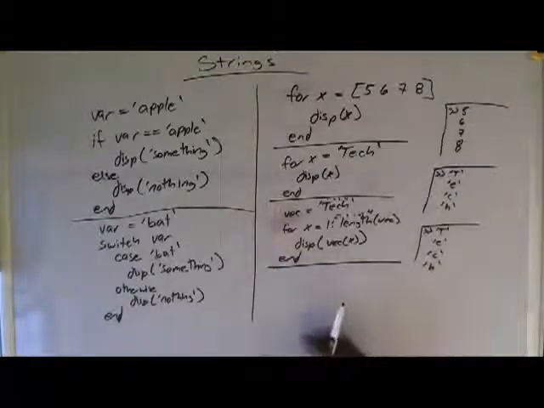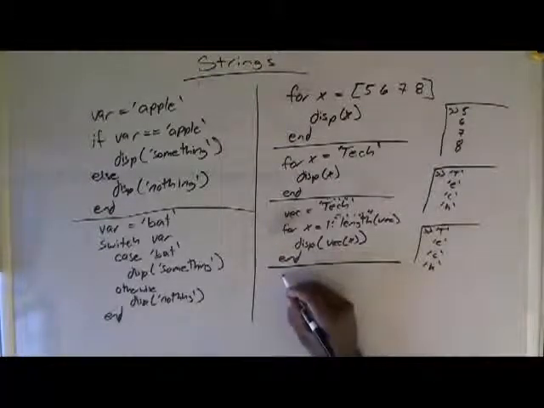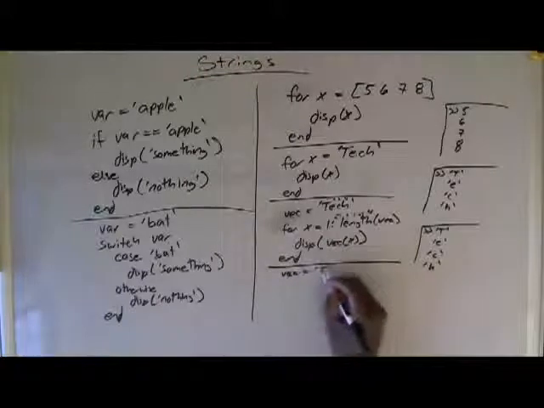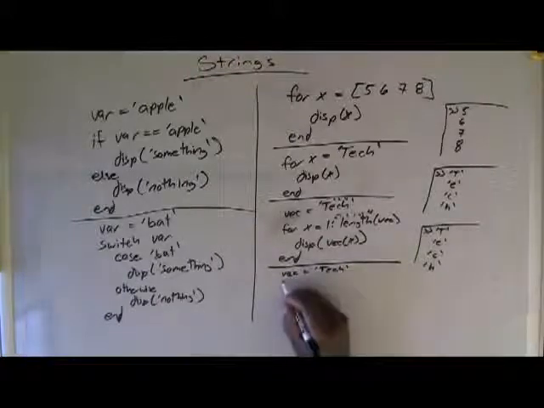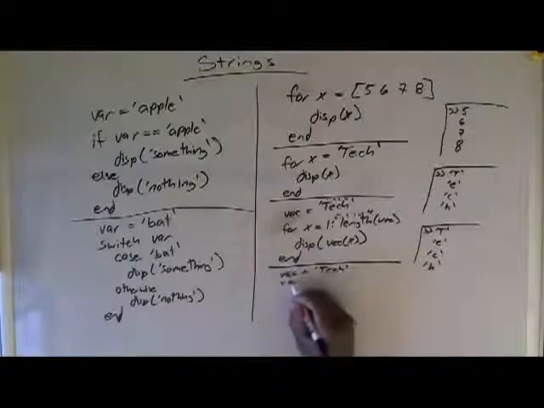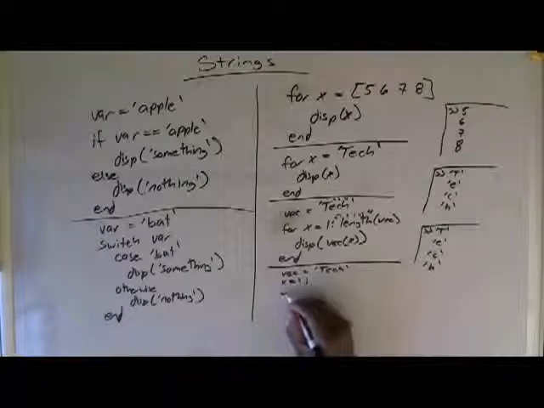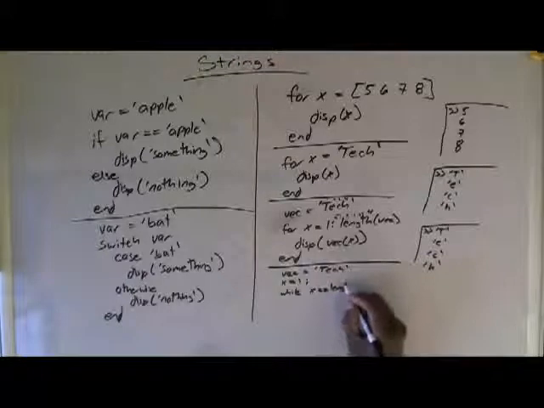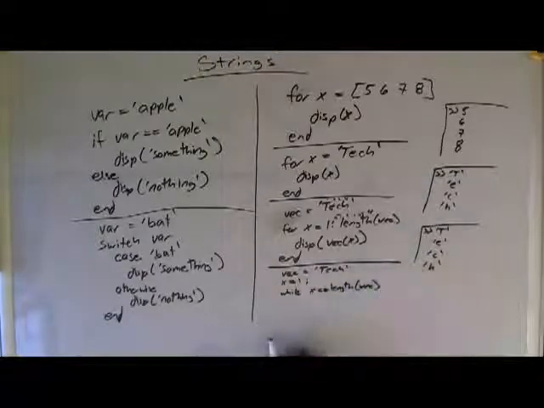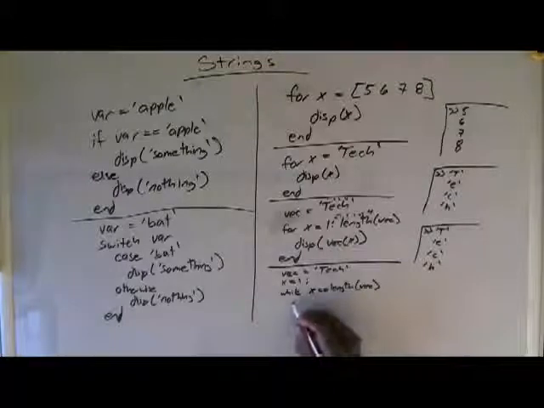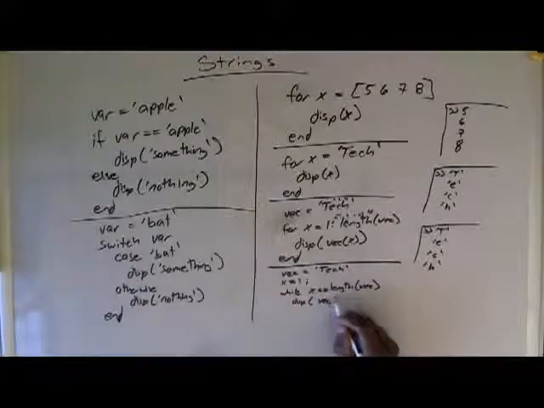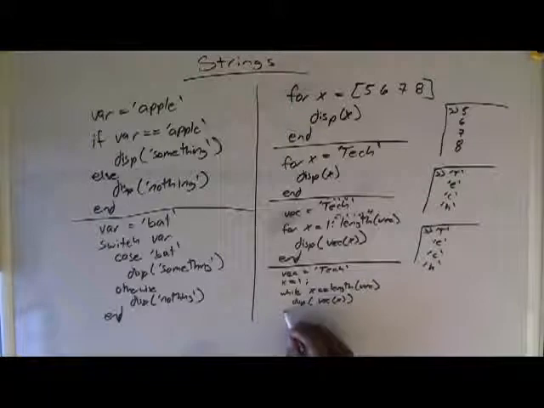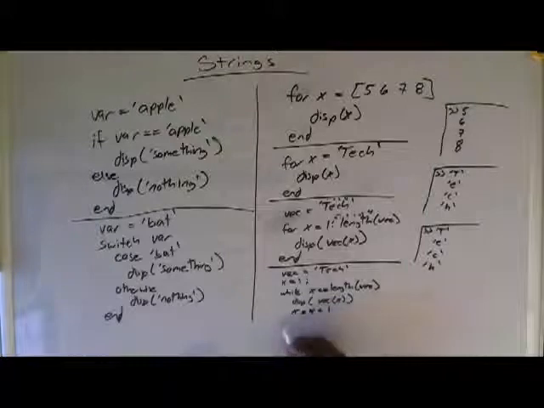Also works if I were to do a while statement. I would set my while statement up with vec equals TECH, and then I would do x equals 1, initialize, while x is less than or equal to the length of vec, which is my inspection stage, and then I would say display vec of x, and then I would have to do my incrementer here, x equals x plus 1, and then I end.